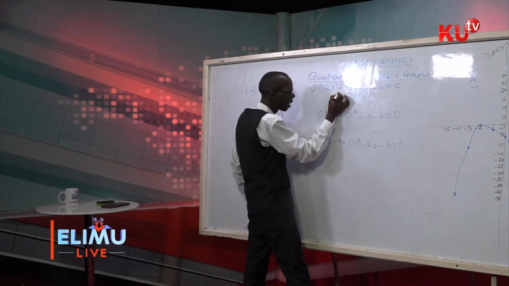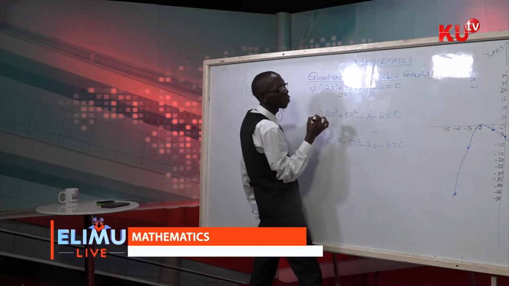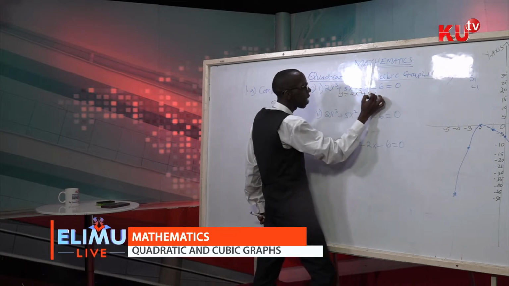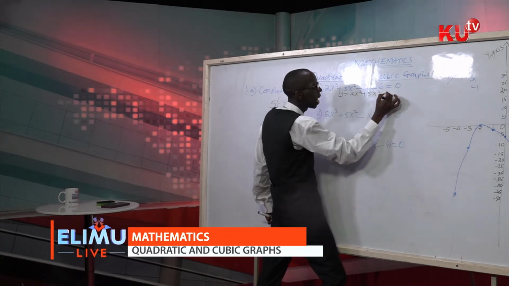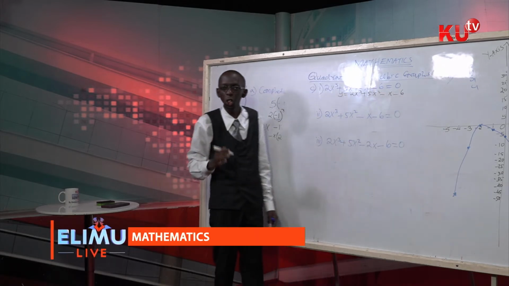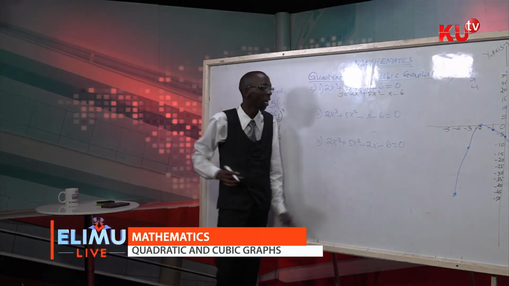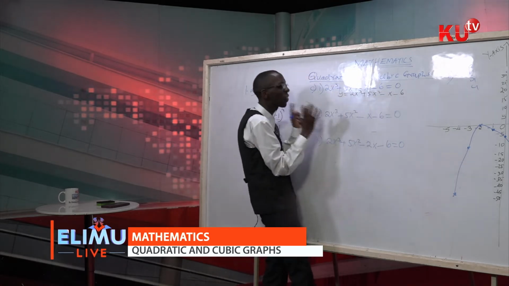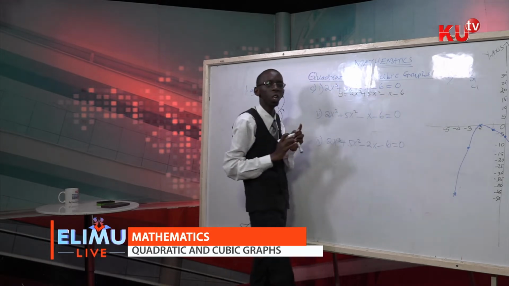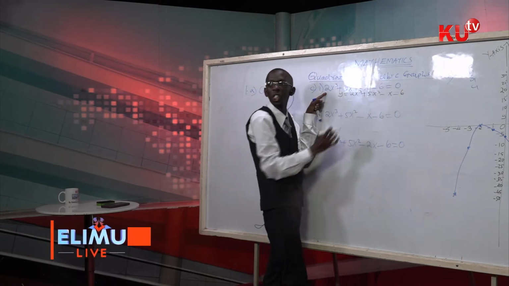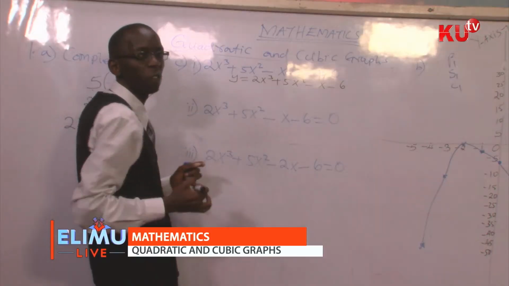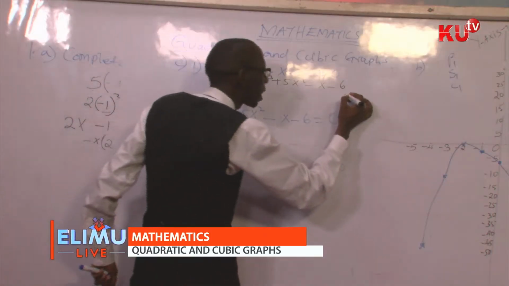We have the equation given. The equation of the graph is y equals 2x cubed plus 5x squared minus x minus 6. That is the equation of the graph. And you are using the graph that you drew using this equation to solve this equation.